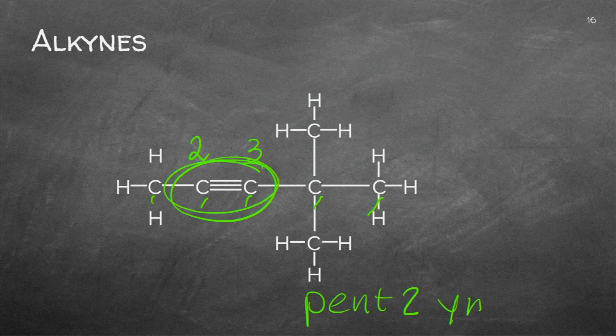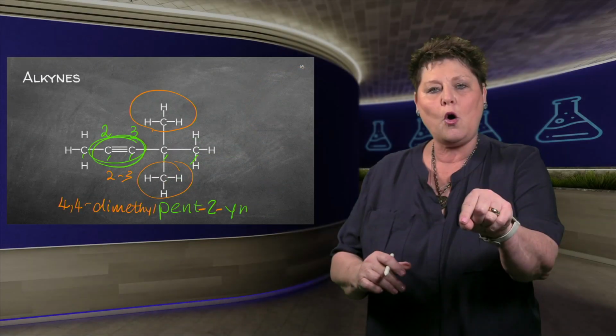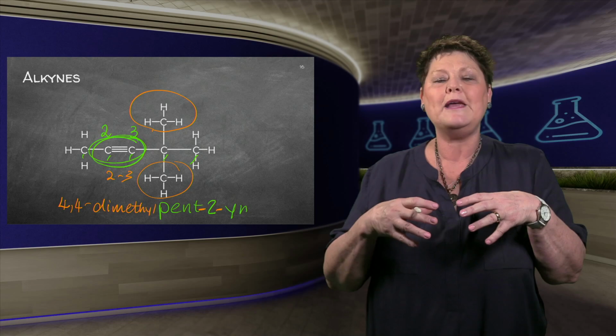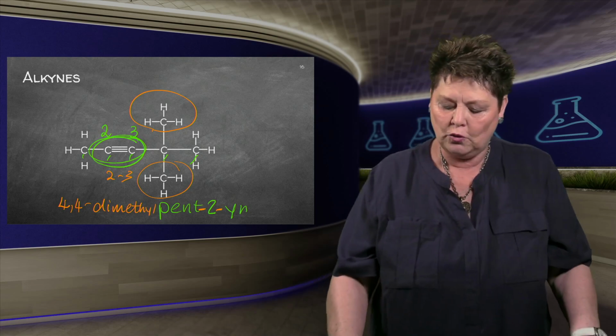So I need to put the 2 there because it's the smaller number of the 2 and the 3. And I need to put in the dashes. Then I've got to identify the 2 methyls. So on the fourth one, I've got 2 methyl groups. You have to be able to draw from the name, but you'll also be able to, from a drawing, name them. So you've got to do all of that.